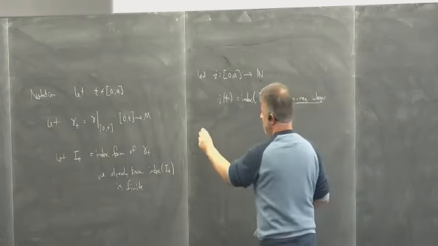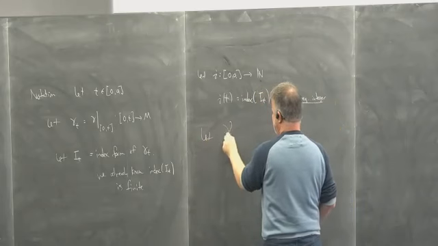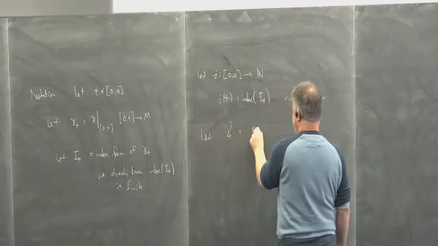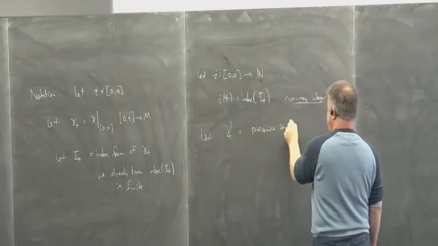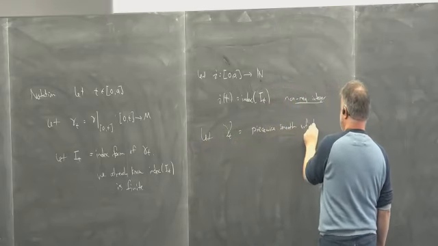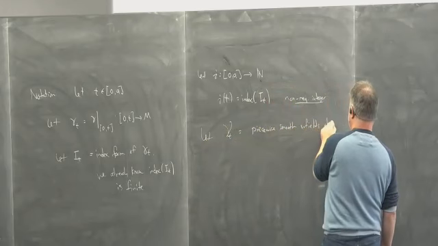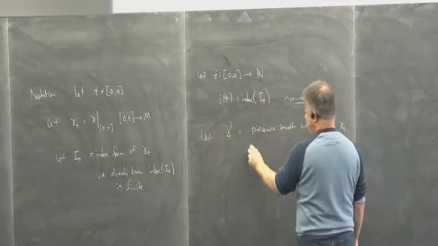And more notation, let's let V_t be the piecewise smooth vector fields along gamma_t which vanish at the endpoints.